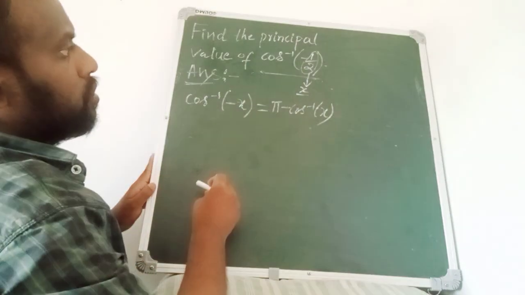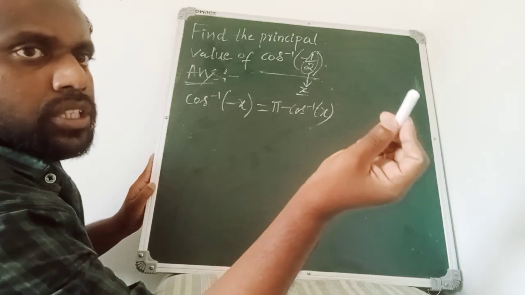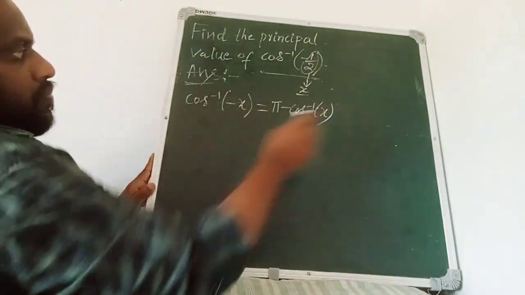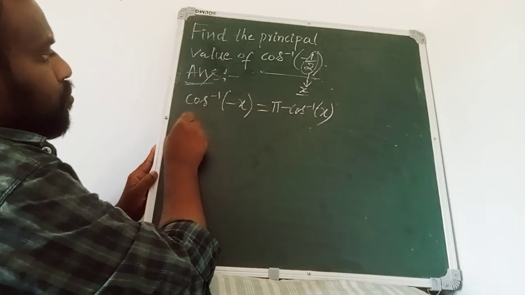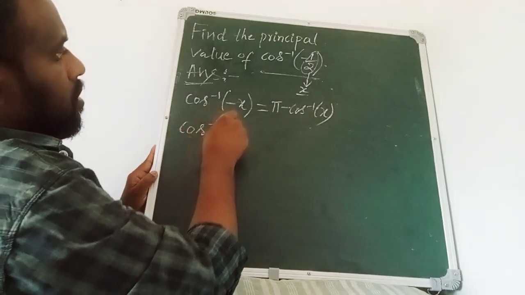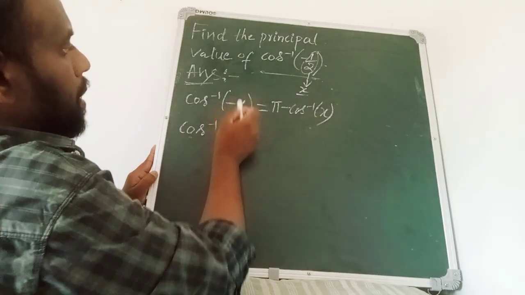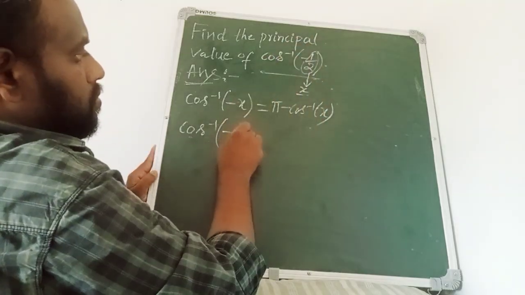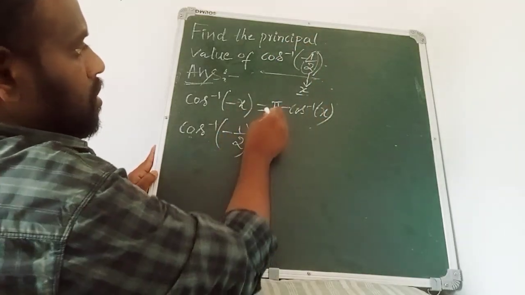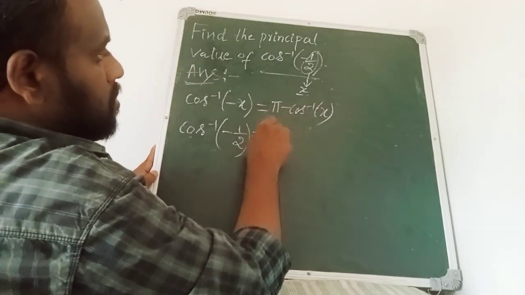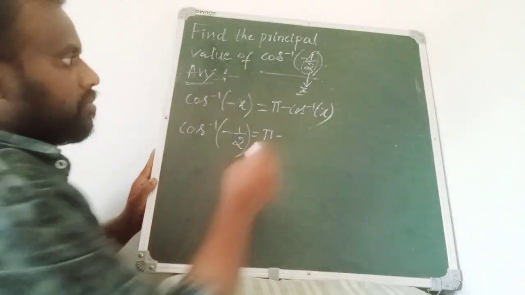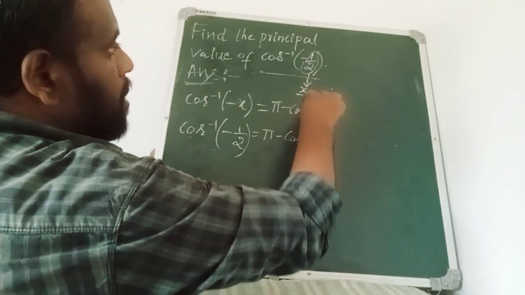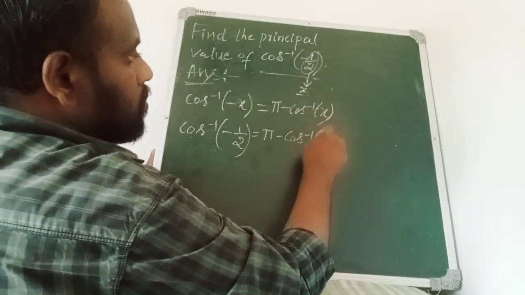Now substitute this x value, 1 by 2, here. So cos inverse of minus x, in place of x 1 by 2, is equal to pi minus cos inverse of x, in place of x 1 by 2.